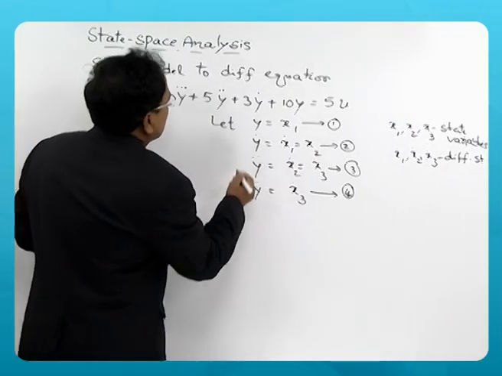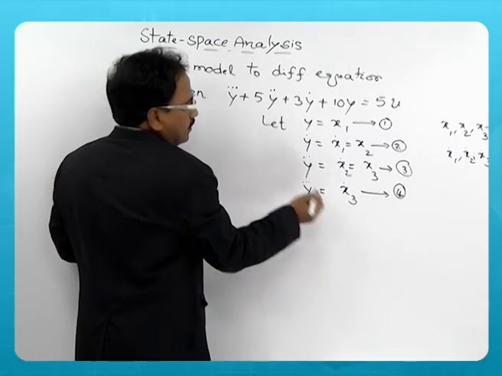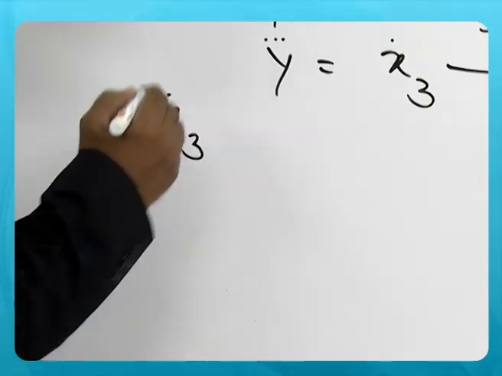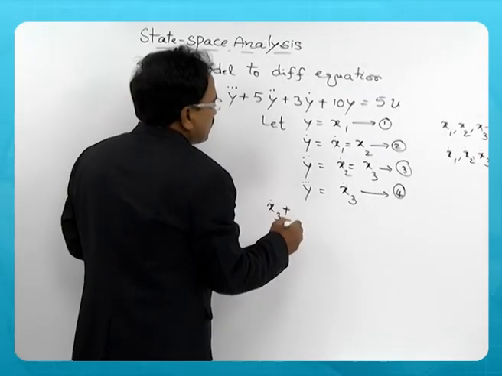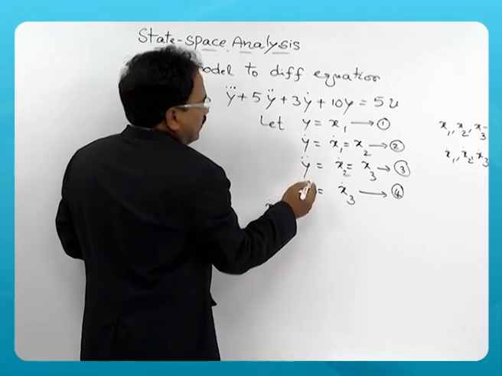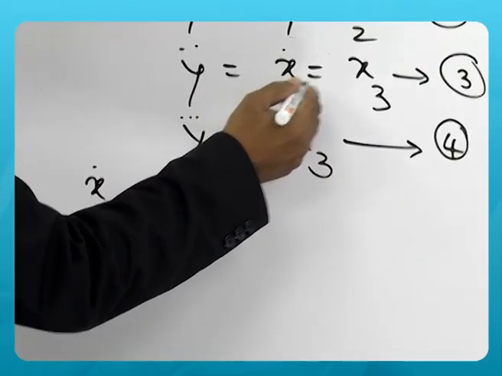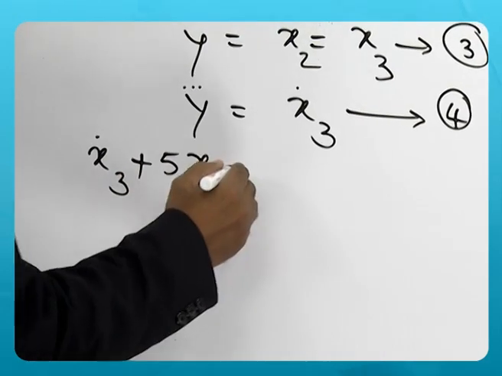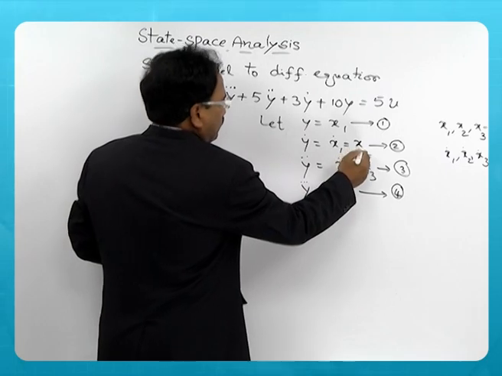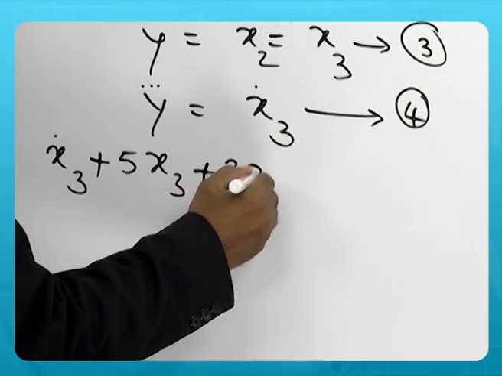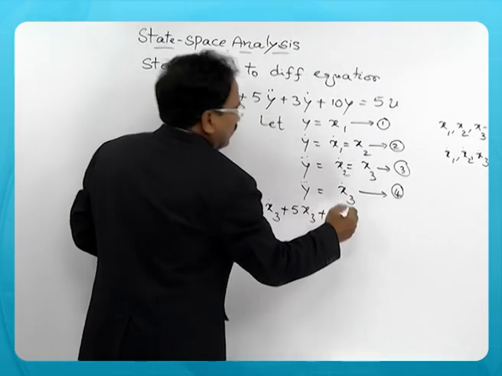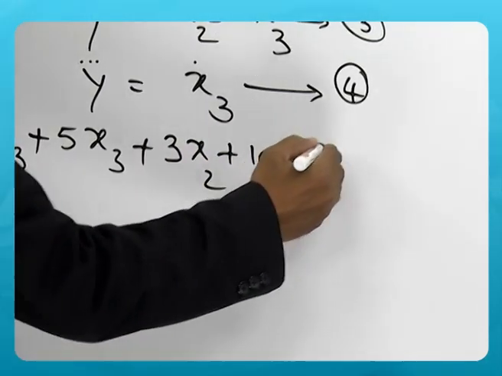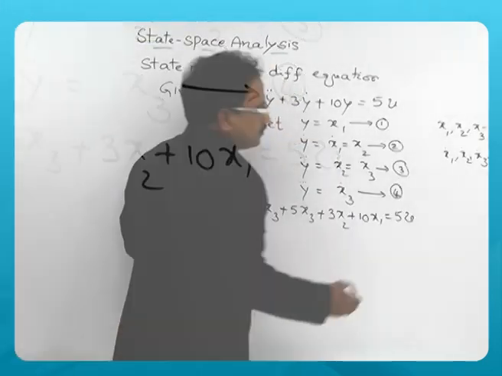Now y triple dot is given by x3 dot, then plus 5y double dot, so this is equal to 5x3, plus 3 into x2, then plus 10 into x1, this is equal to 5u.